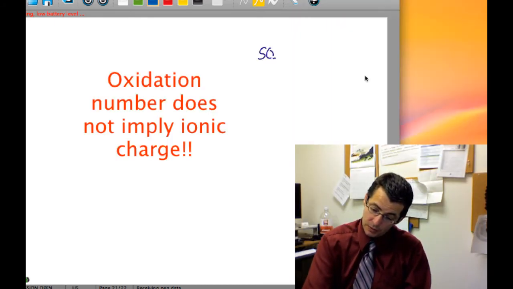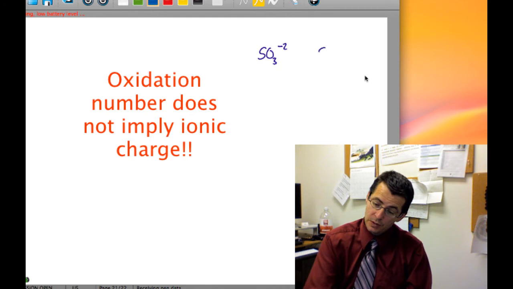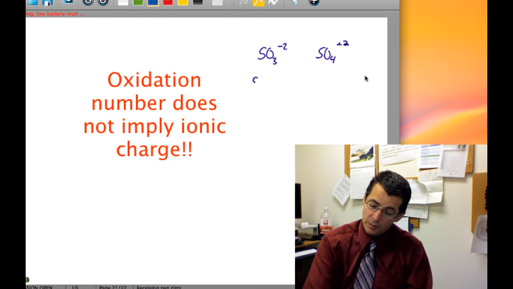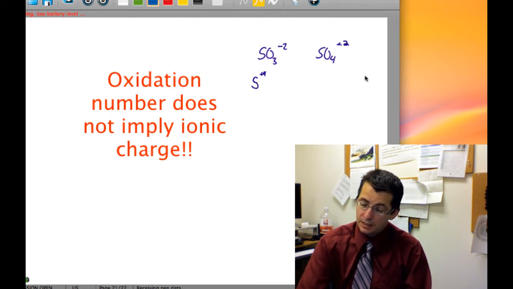So take a look at SO3 minus 2 versus SO4 minus 2, the sulfite ion versus the sulfate ion. We see that using our rules, the oxidation number of the sulfur would be +4, whereas the oxidation state of this sulfur would be +6.